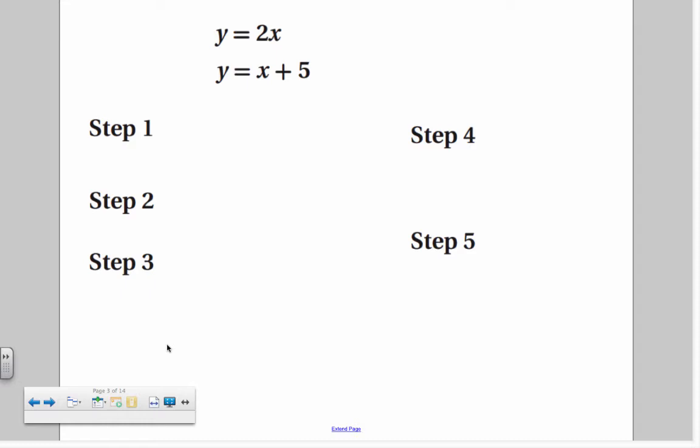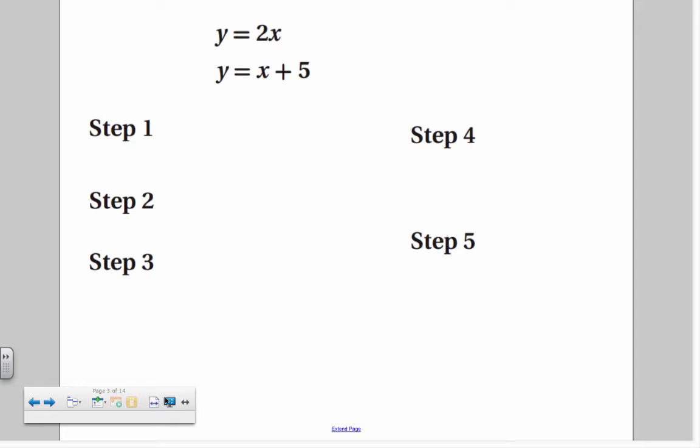If we think about the steps that we were given, step 1 said solve for a given variable, either x or y, doesn't matter. If we take a look at our two equations here, this equation is actually solved for y. Y is alone on one side of the equal sign. Y is also alone on one side of the equal sign for the second equation. So in both of these equations, we have solved for y already, so we don't need to solve for a variable.